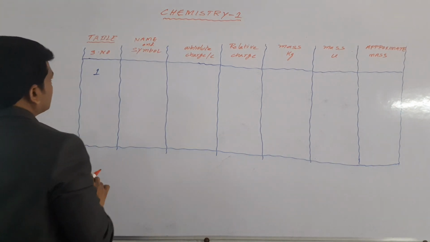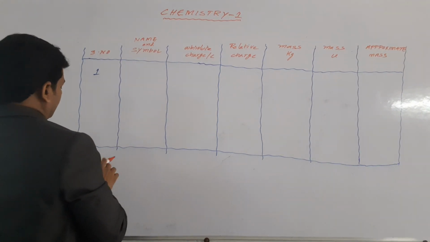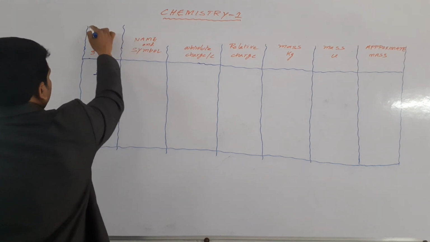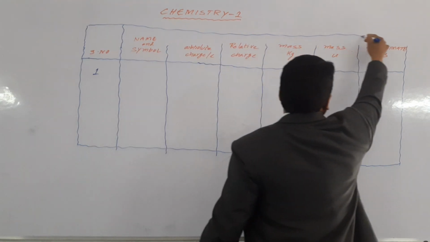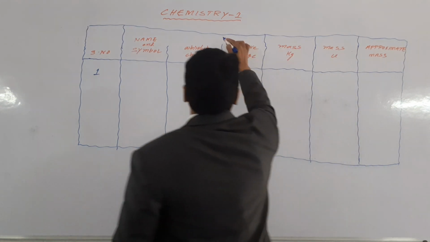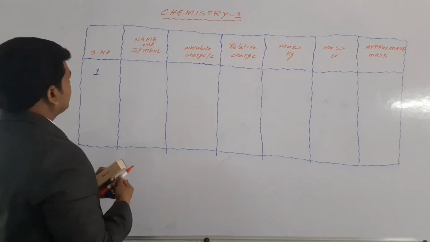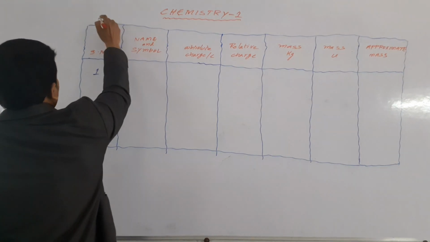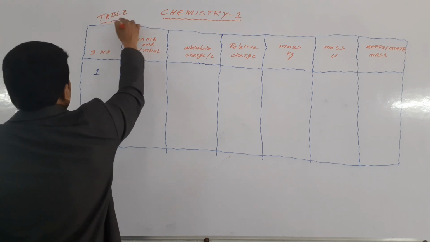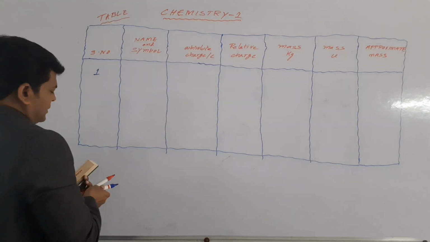Okay, so these are the columns I am going to take. In the first column, serial number.